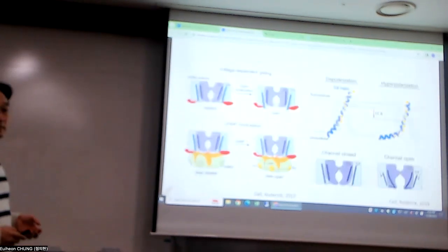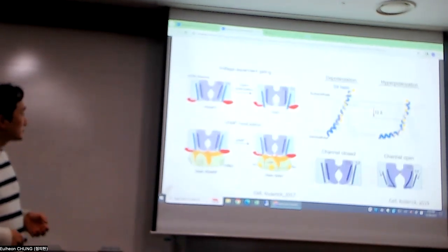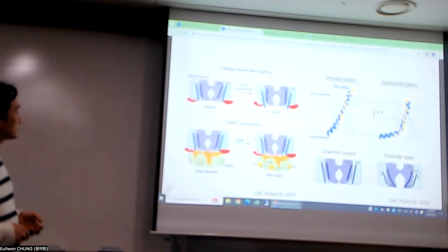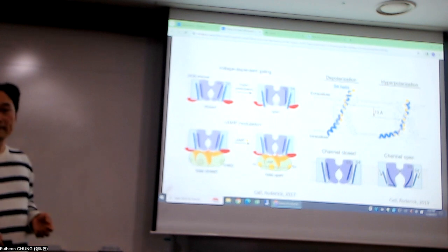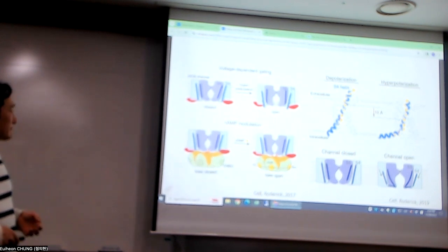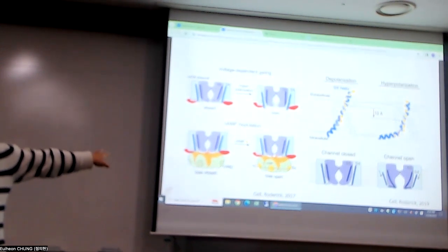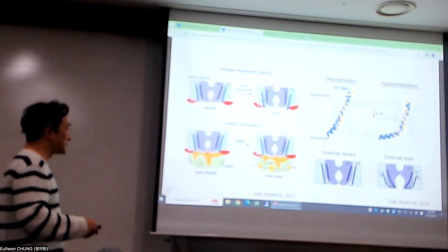But still, to me, it's not very clear. S4 now has a bending in that direction, and S5 is also bent more inwards. I'm not sure why that will open the channel. We'll talk with the data.